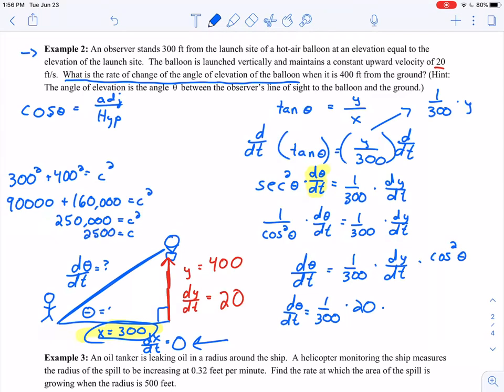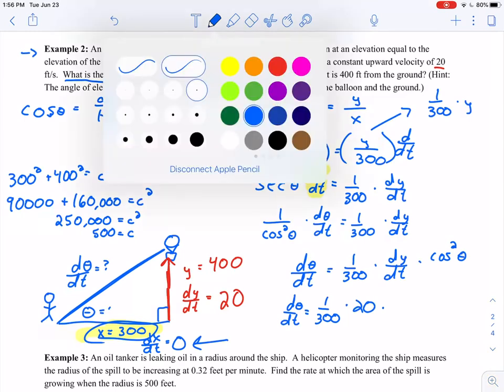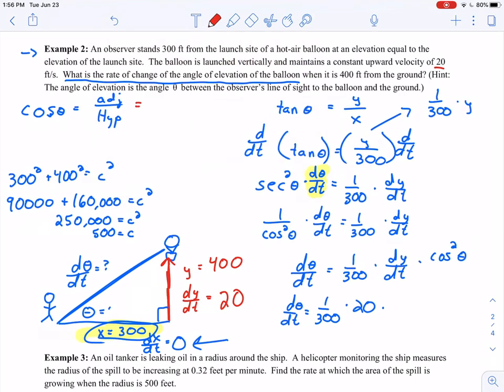Hopefully you recognize that as a Pythagorean triple, there we go. So c is 500, so my cosine of theta, let's do that in red up here. The adjacent side we said was 300 divided by the hypotenuse, 500. We just found that, or more simply 3 over 5.